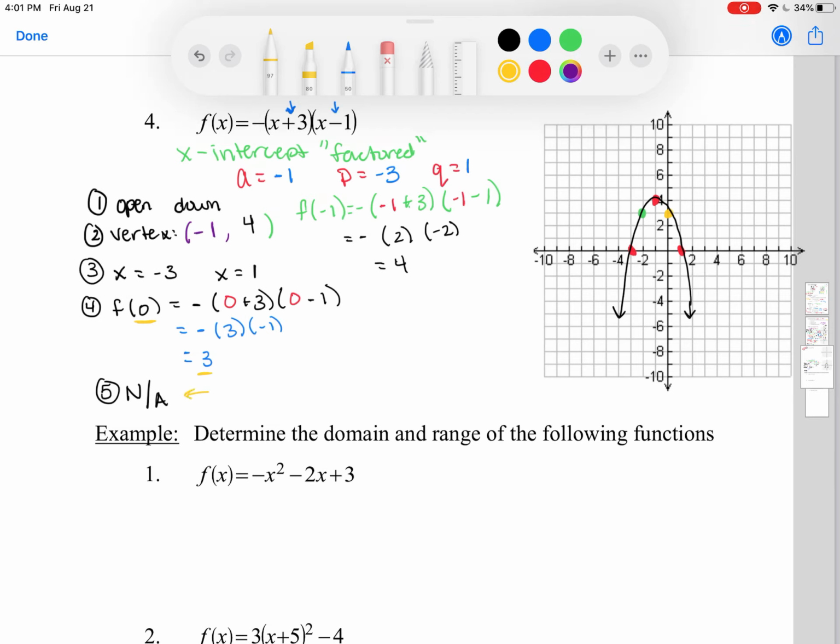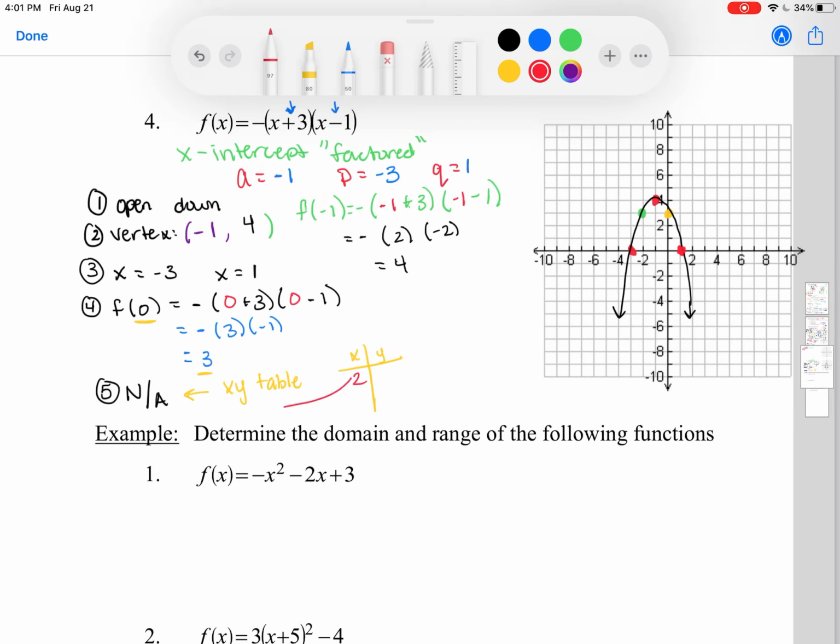However, if this was ever needed, what could you always do to find more points on your graph? You can always make an XY table that looks something like this. And all you do is you just plug in random values for x. So for example, if I know that my point here is at 1, what if I wanted to know where a point was when x was 2?